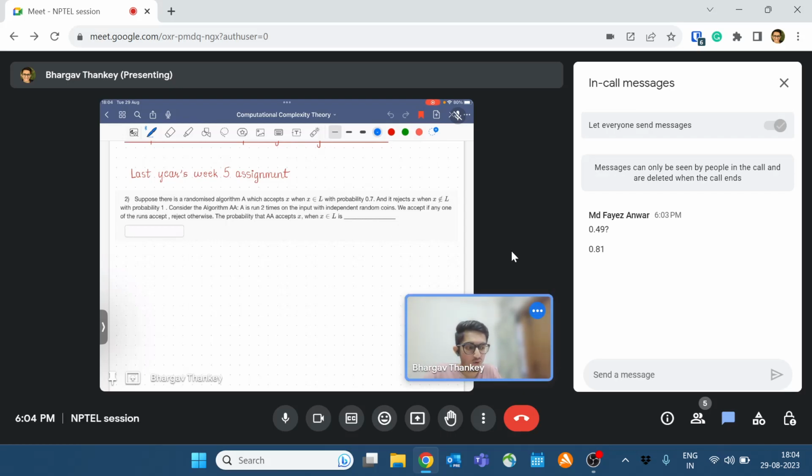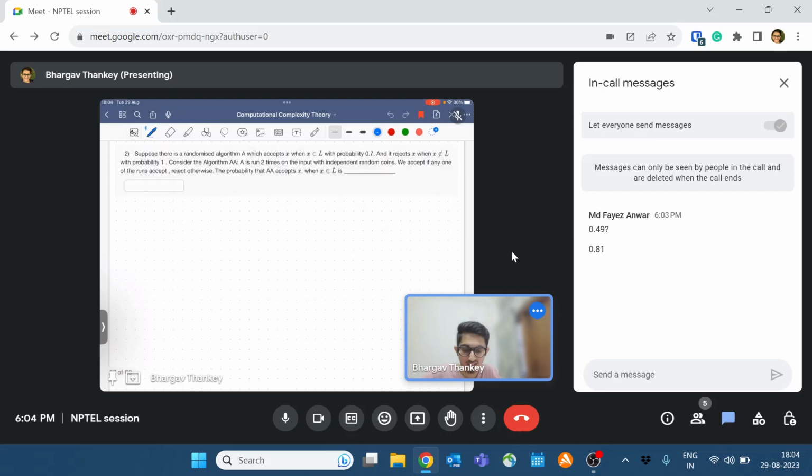What I'm going to do is mostly similar. The probability that double A accepts X is equal to the probability that the first run accepts X, plus the probability of something else.